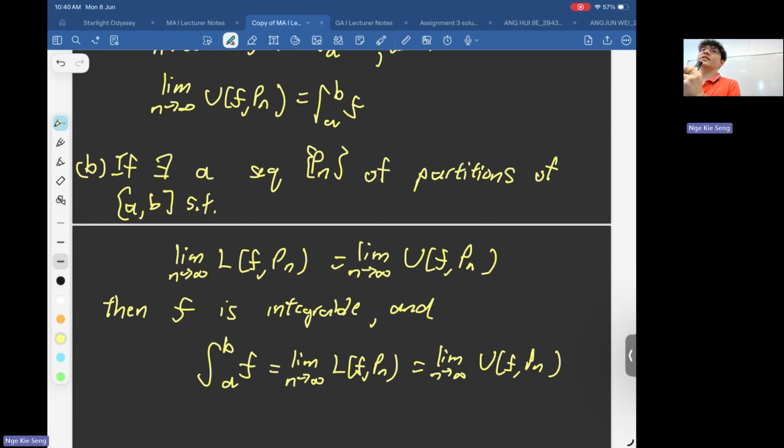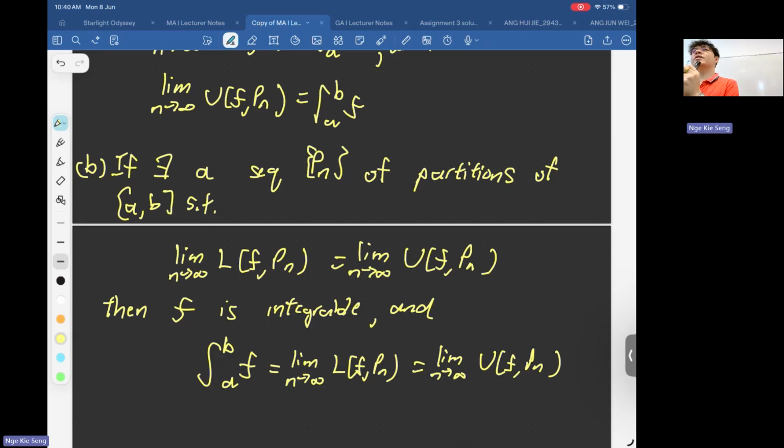Because for a sequence, you just consider P_n, just countable things. But if you look for the infimum and supremum, you look over all arbitrary partitions, and that is uncountable. Does it make sense?